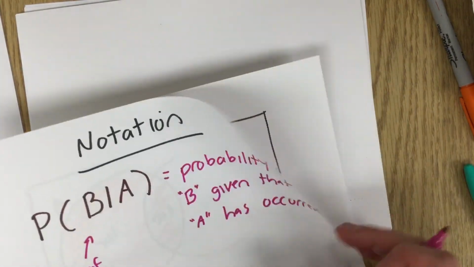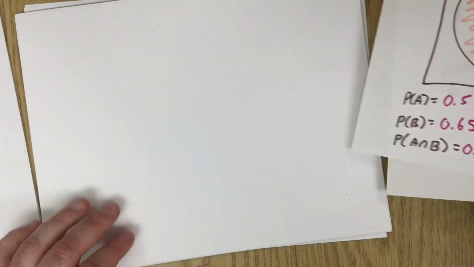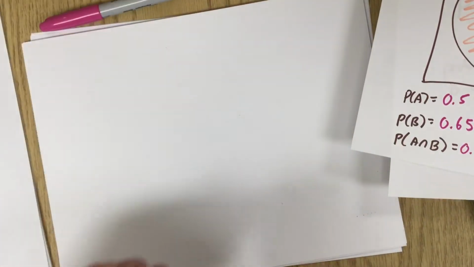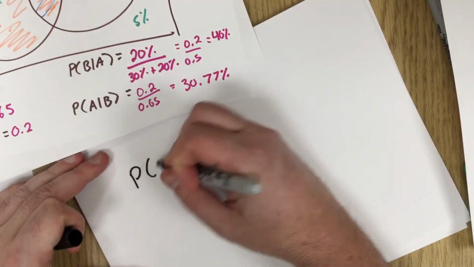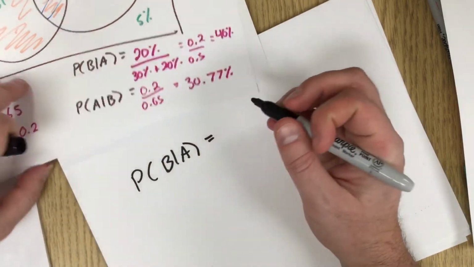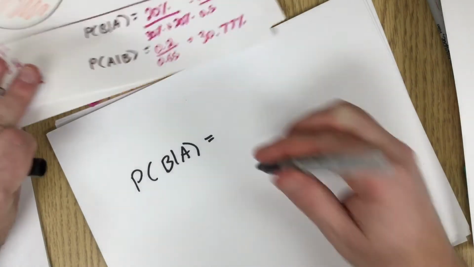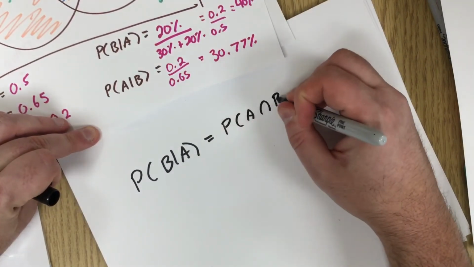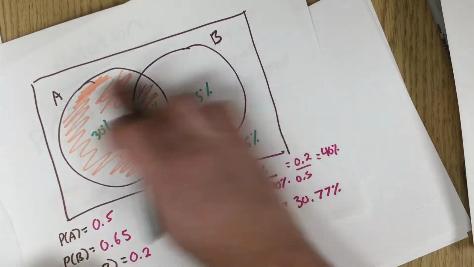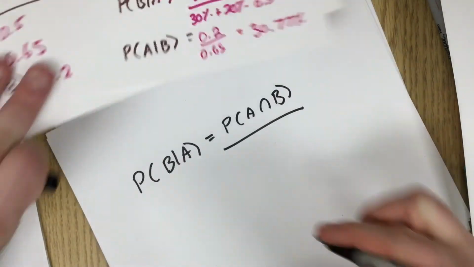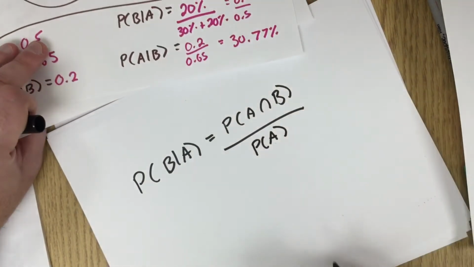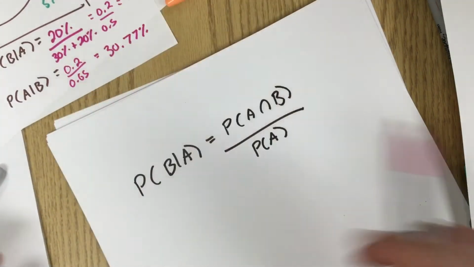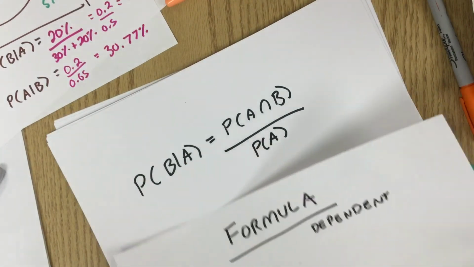So we're going to make another point about this is that, so if we look at this formula over here, we could see that the probability of B given A was the 20%, which was the probability of A and B, over that's the 30 plus the 20, which is just the probability of A, over the probability of A. Or, if we rearrange it, we would say that, so actually we have a formula.